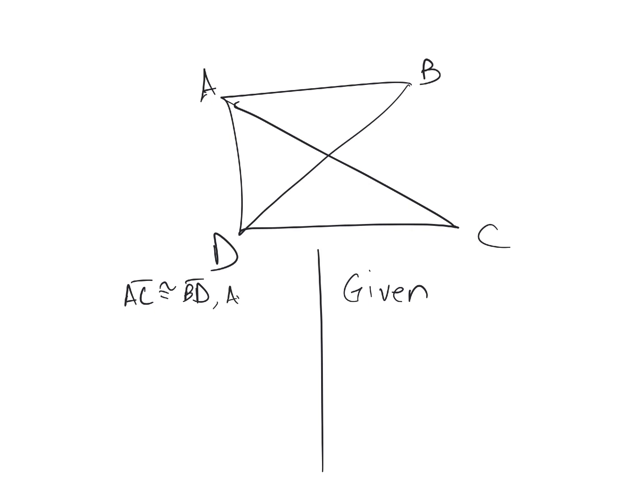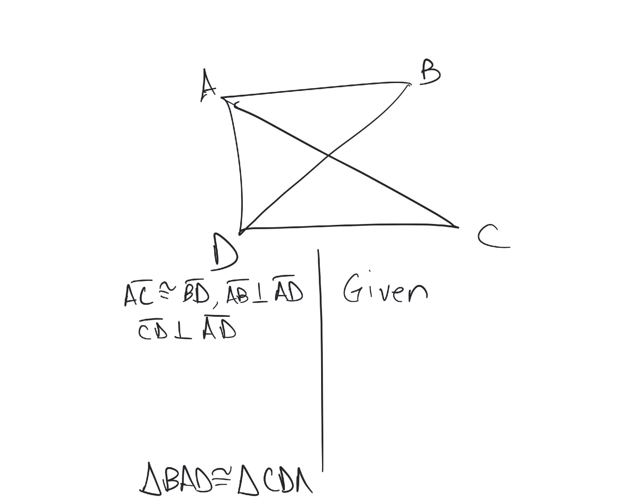AB is perpendicular to AD. And CD is perpendicular to AD. And we're trying to prove that triangle BAD is congruent to triangle CDA. All right, so go ahead and mark your picture.